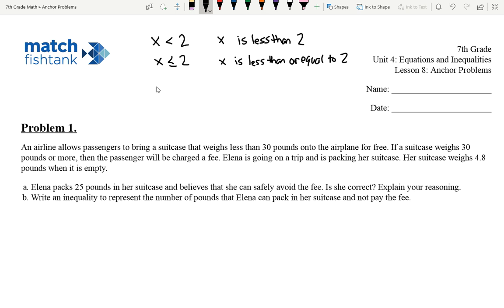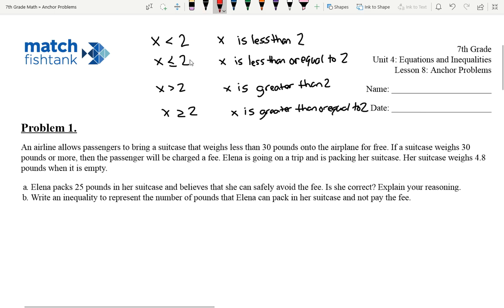Compare that then to x is greater than 2, or x is greater than or equal to 2.